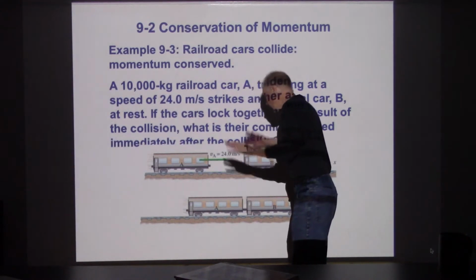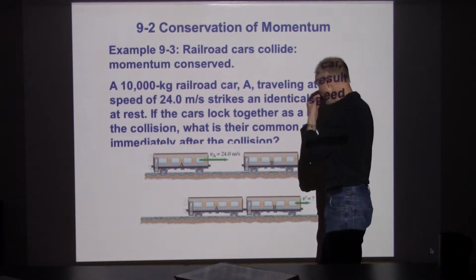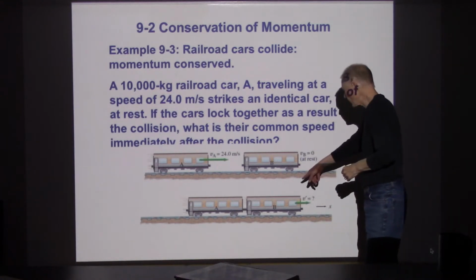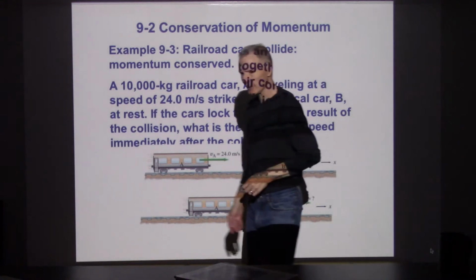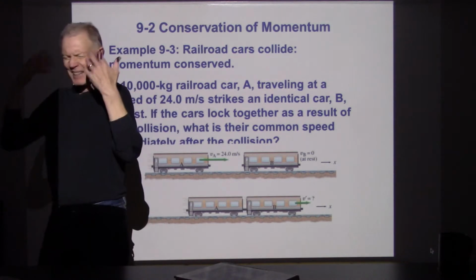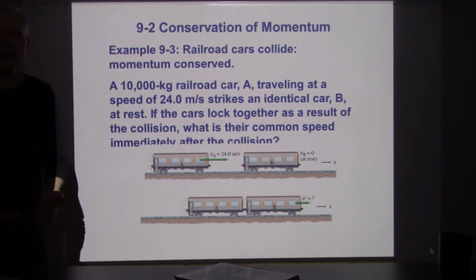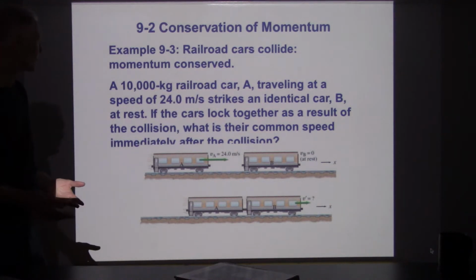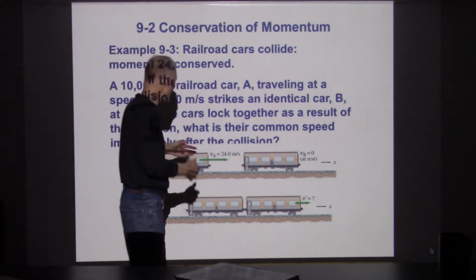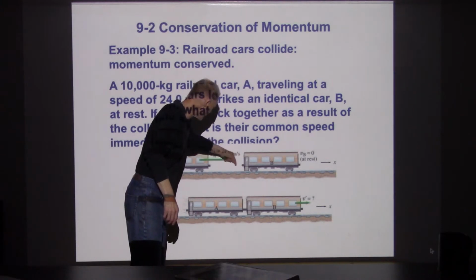And then they're saying, okay, if momentum is conserved, then how fast would the railroad cars be moving after this collision takes place? And I can't stop thinking about this railroad car coming in at 55 miles an hour and there's no damage. Everything works perfectly. So they must have just an amazing coupling system right in here, right?